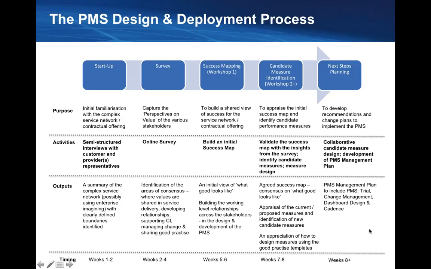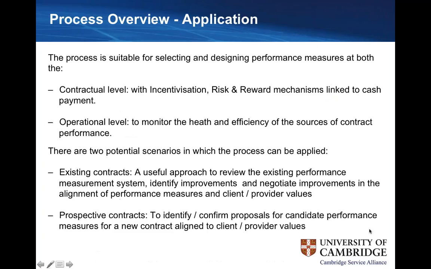The way that we use this process, I think there's a couple of ways you can think about it. One is you might think about this as a process for thinking about what are the KPIs that you should include in contracts.